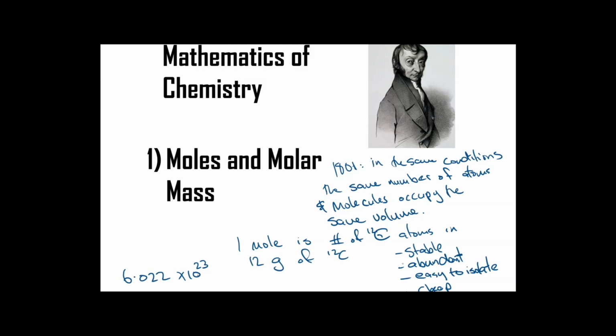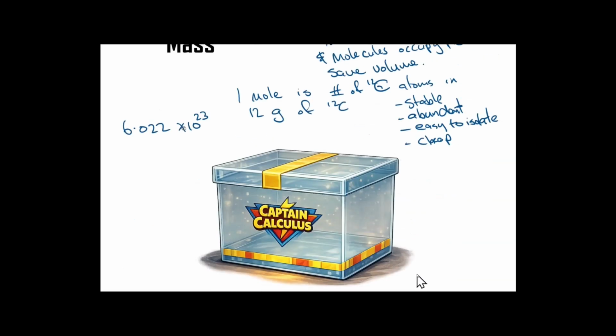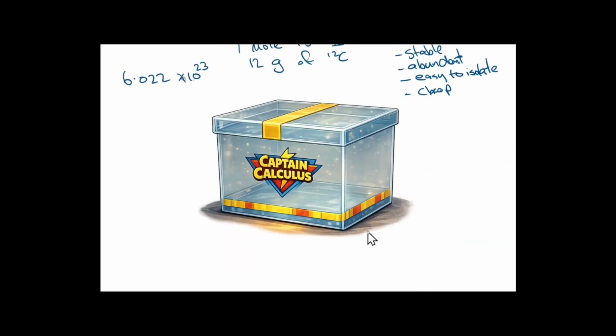There we go. So if we have a sort of magic chemistry box here, and we had exactly 12 grams of carbon 12 in there, exactly 12 grams, nothing else, nothing more, there would be 6.022 times 10 to the power of 23 atoms.